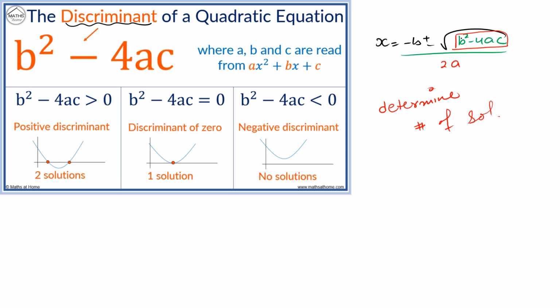Now if b square minus 4ac is greater than 0, what is meant by greater than 0? It means a positive number. Then you just straight away write down 2 real roots, or you can write 2 real solutions.